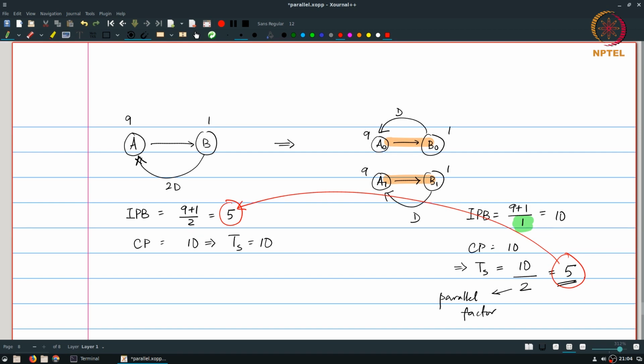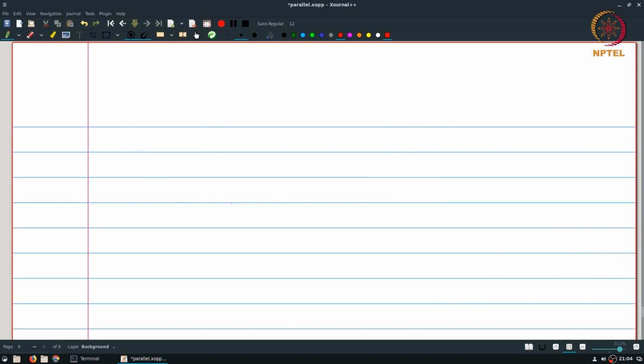What happens if we want to draw a slightly more complicated, or rather to unfold a slightly more complicated graph? Let's consider a situation where we again consider the same basic structure, but now with 3 delay elements on it, and I now want to unfold this by a factor of 2. How exactly does this happen?